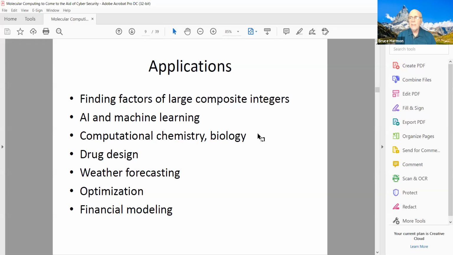All of these are potential application areas that have been written about in the literature, and you can look up the articles. They are reasonable targets for a quantum computer.